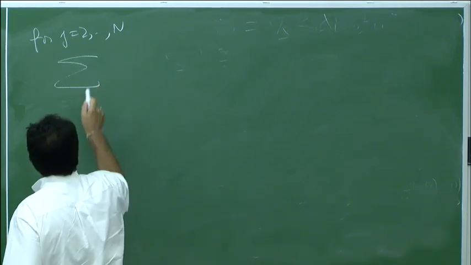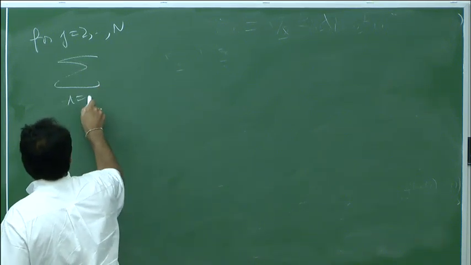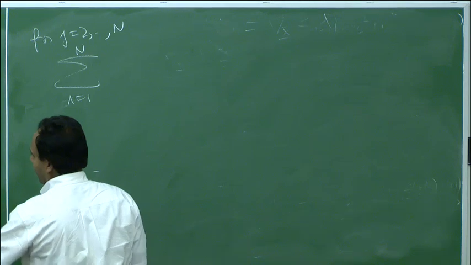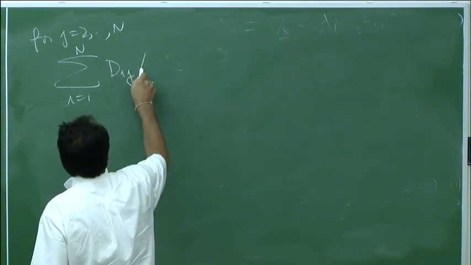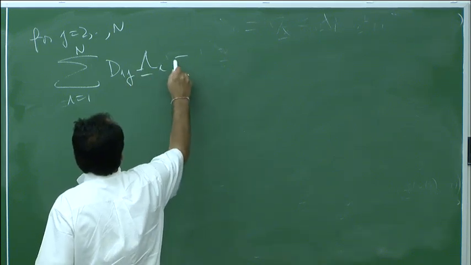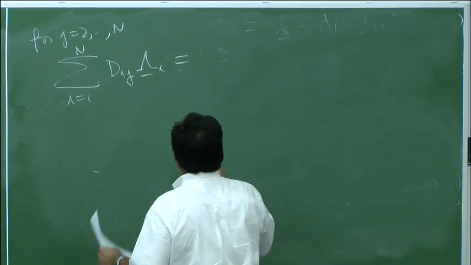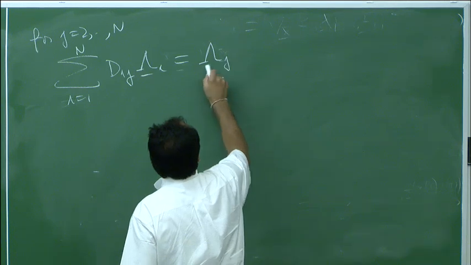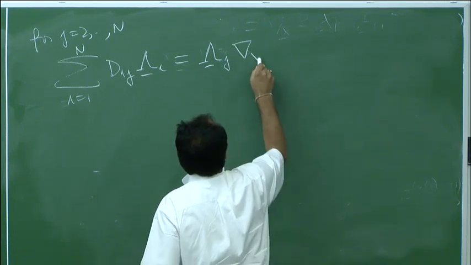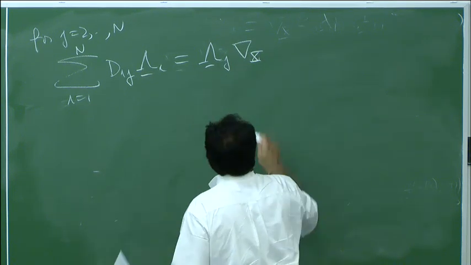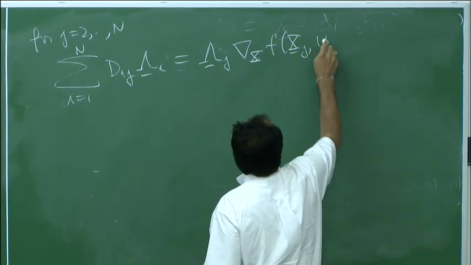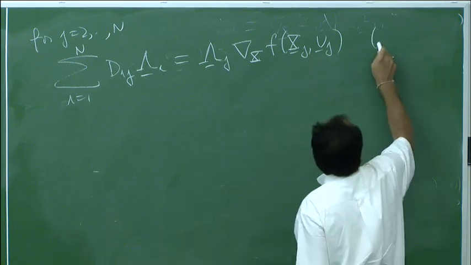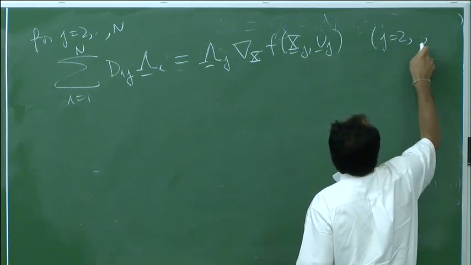We get the sum from i equals 1 to n. And you have to go through every single step in the math in order to be able to show this. But you get d_ij times lambda_i is equal to lambda_j times the gradient with respect to x of f(xj, uj), and this is for j equals 2 up to n.